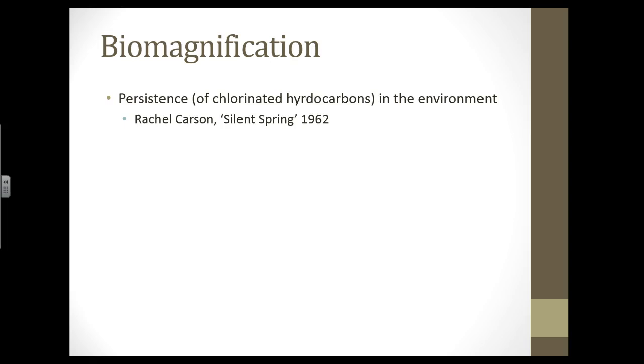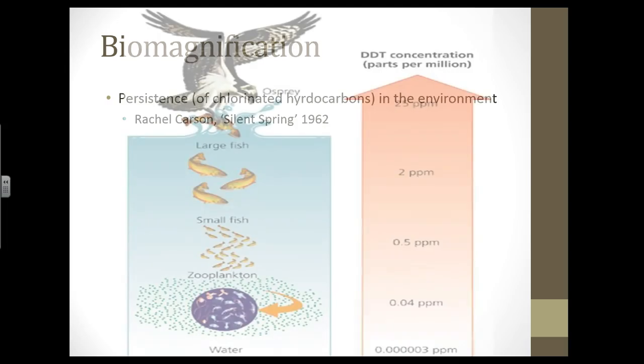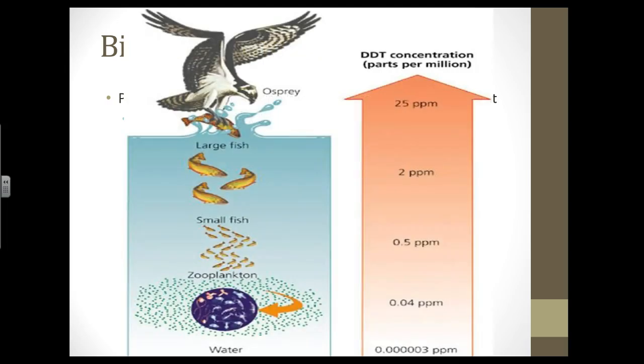Another creature comes along and eats that organism. It's going to add those chemical compounds to its system. They remain. A hierarchical way of looking at that would be that by the time this osprey at the top of the chain eats that fish, it's bringing in 25 parts per million, where initially zooplankton in the water were at very low concentrations.